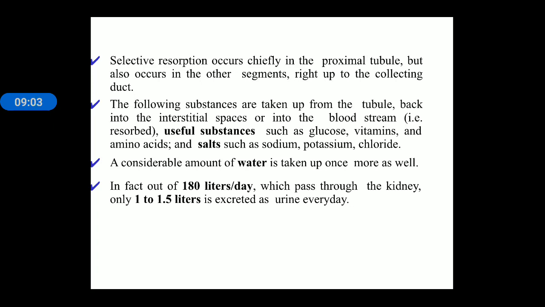The following substances are taken up from the tubule, means some useful substances are also taken up from the tubule, and they enter into the interstitial spaces, into the bloodstream, and some useful substances such as glucose, vitamins and amino acids are also reabsorbed, and some amount of salts are also reabsorbed, sodium, potassium, chloride. A considerable amount of water is taken up once more as well.